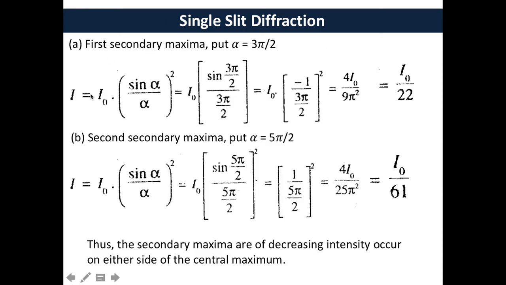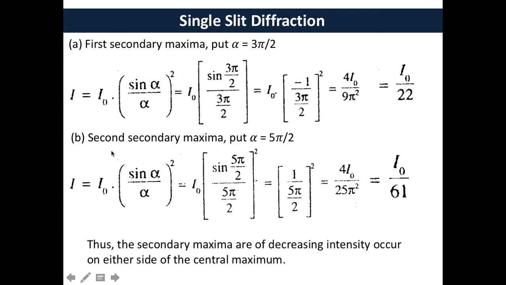Okay, so if we put alpha value 3 pi by 2 in place of alpha, then sine 3 pi by 2 is minus 1, and this is 3 pi by 2 whole square, so I0 upon 9 pi square by 4, which is approximately I0 divided by 22.